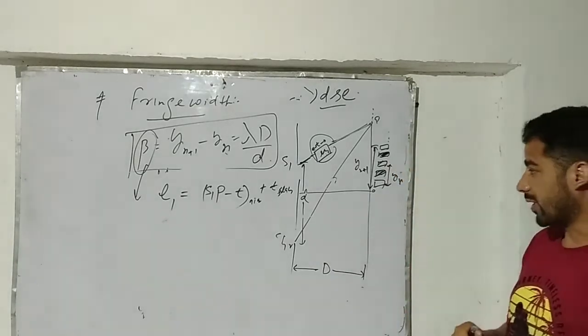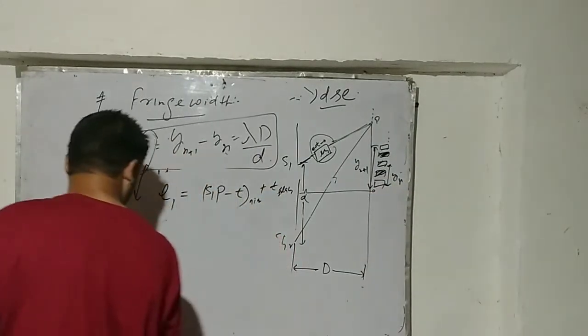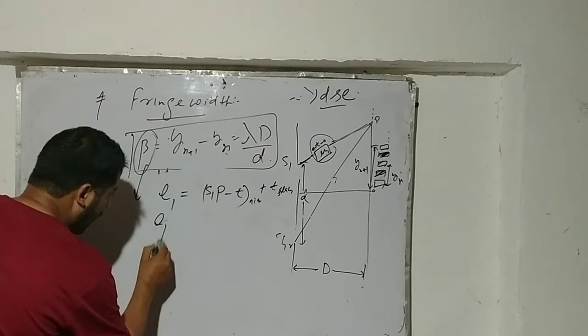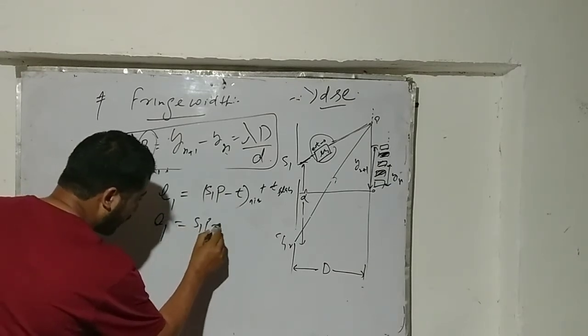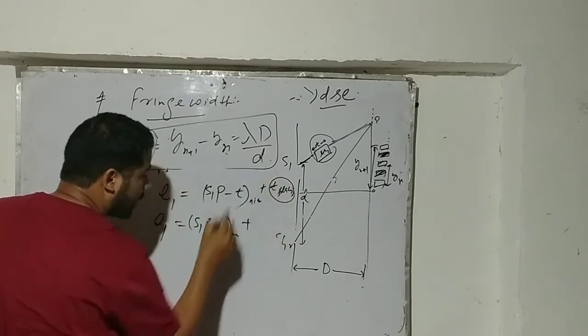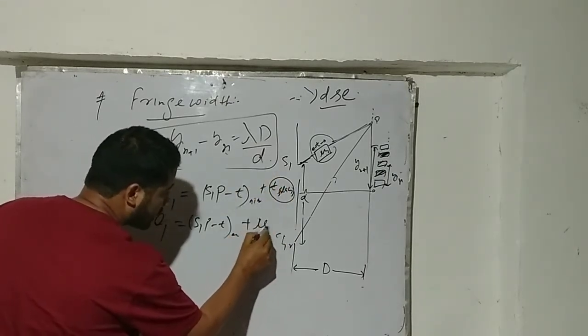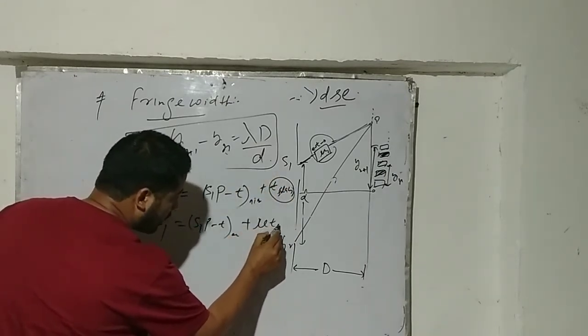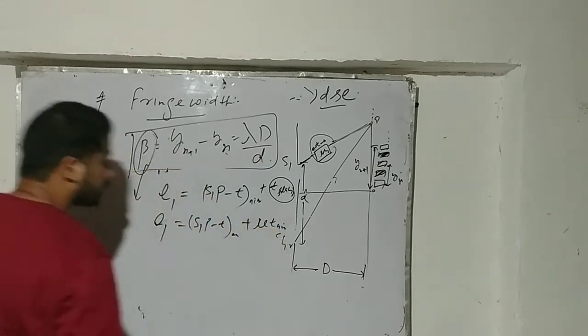Hope you are getting it. If I do one more step, L1 will be simply S1P minus T in air plus T of slab, which will be simply mu times T of air.